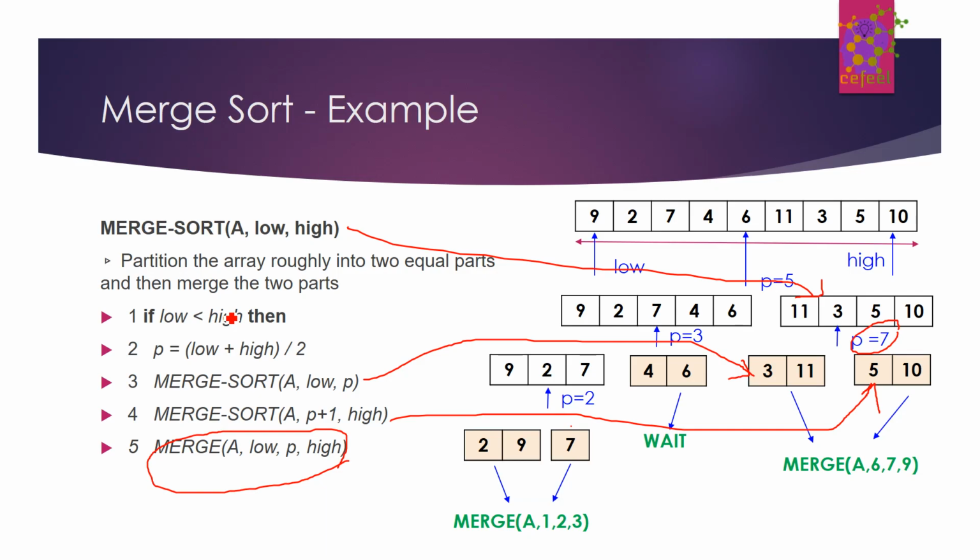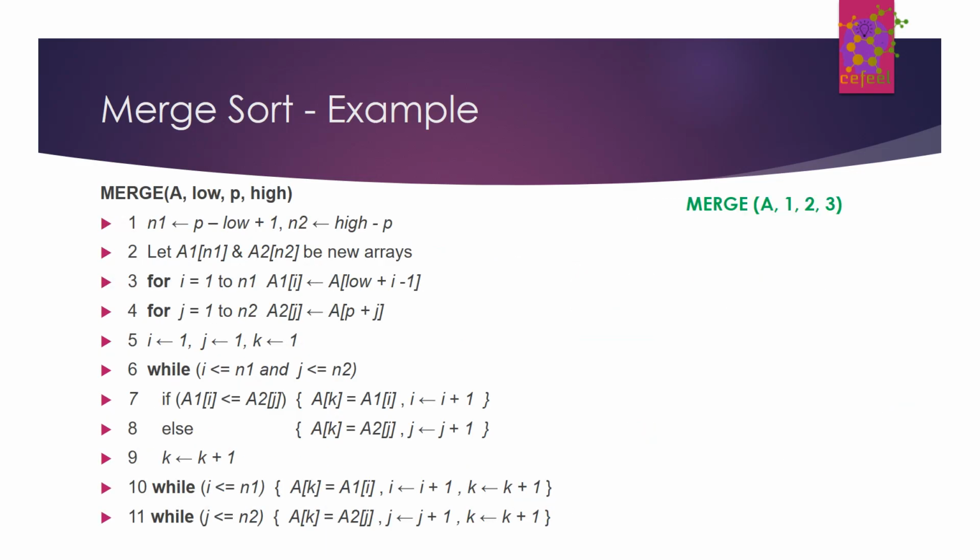So let's now go ahead and see these merge operations. Now the first is a 1, 2, 3. This is a simple one, similar to what we had on single element arrays. Now in this case the only difference is low is 1, high is 3, but p will be 2.